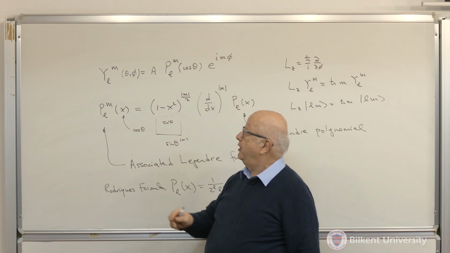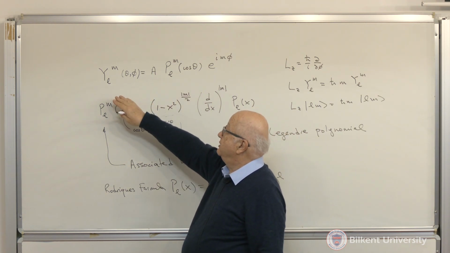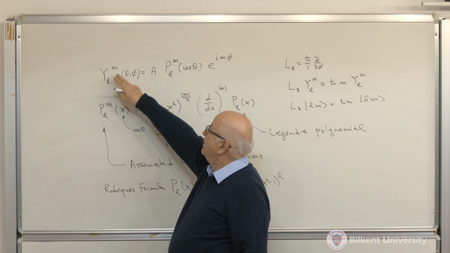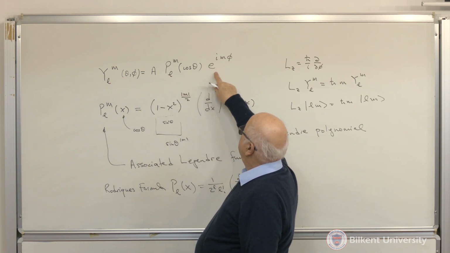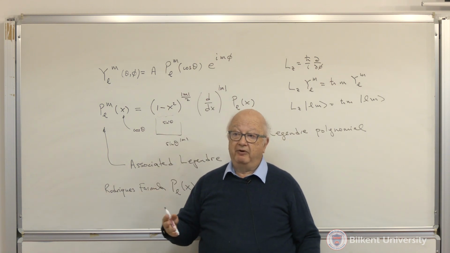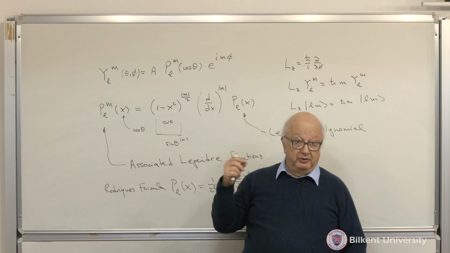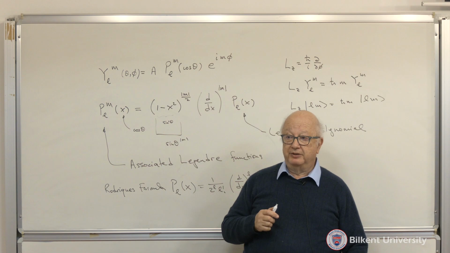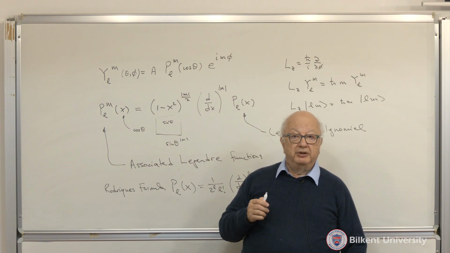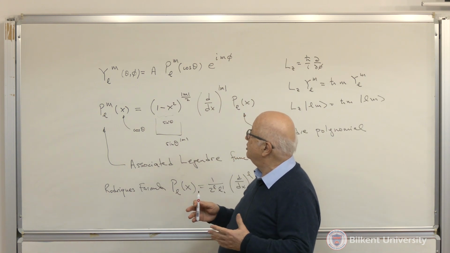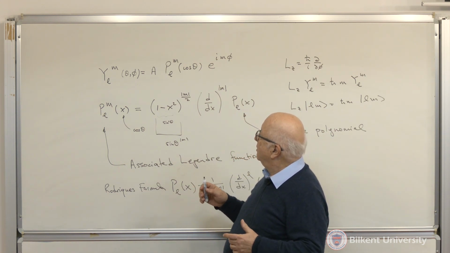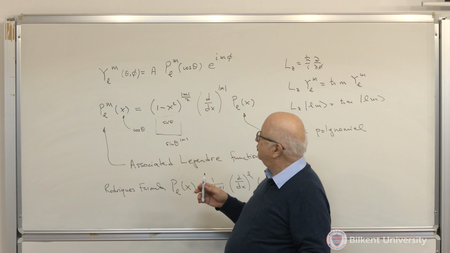But if you have linear combinations of these things, for example, if you have Y_L plus m and Y_L minus m, when you add them up, you are going to get a cosine m phi. Obviously, that will give you some angular dependence. The solutions are of two types.